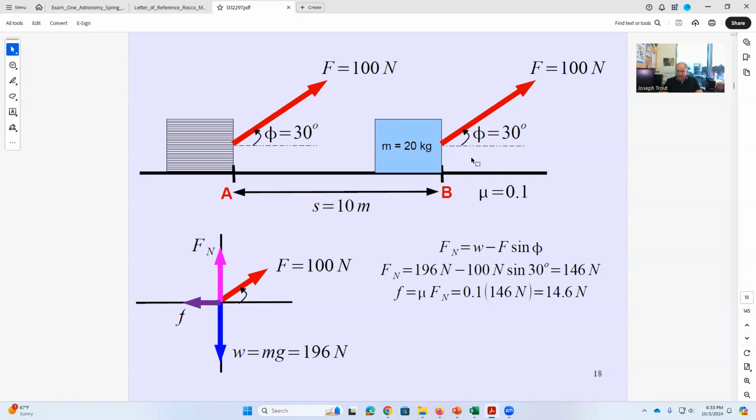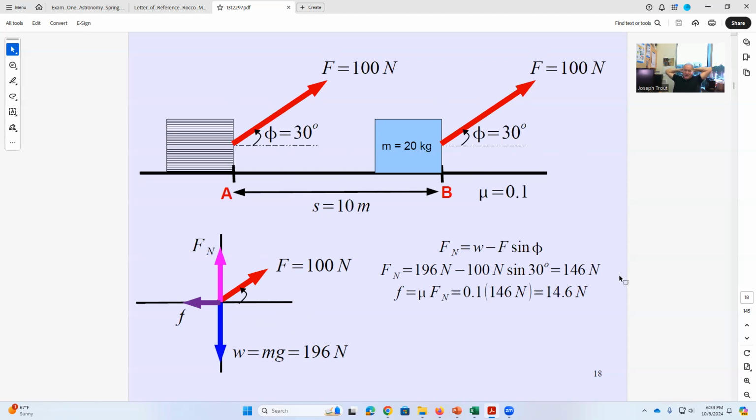So we draw out our force diagram, and we find out that the normal force will be equal to the weight, 196 newtons, minus how much we're pulling up, which is 100 newtons times the sine of 30 degrees, which is 146 newtons. So our normal force is 146 newtons.